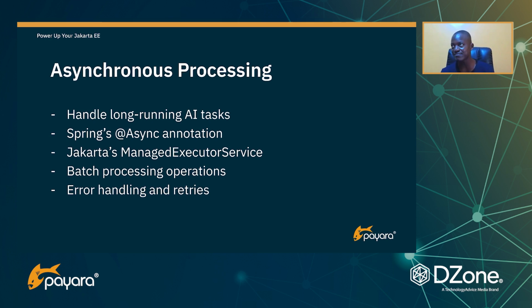But in real-world enterprise applications, you're going to have a lot of load. You're going to probably have a humongous amount of data coming in. You have a data pipeline with data coming in, wherever that data is coming from. If you have an e-commerce store, you're going to have a lot of customer data coming in.